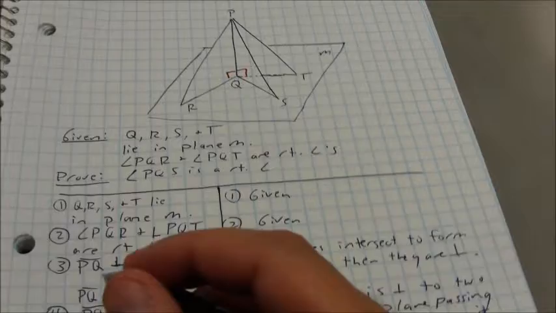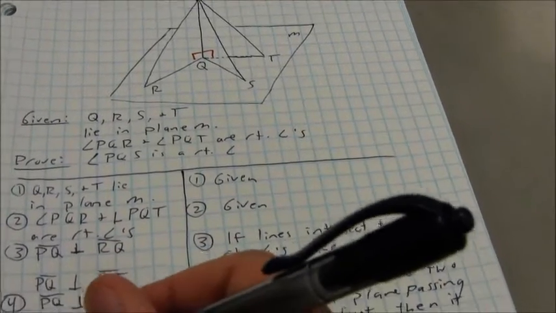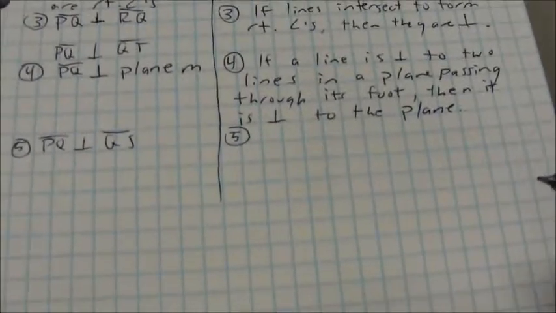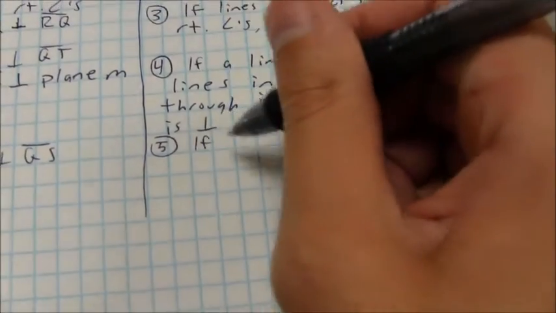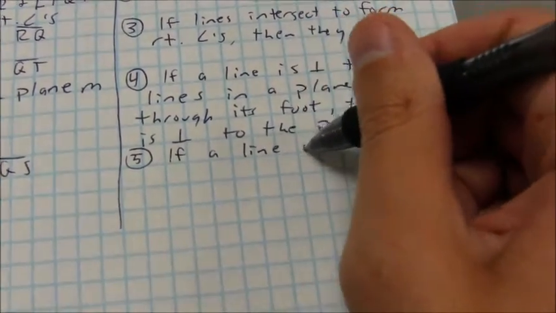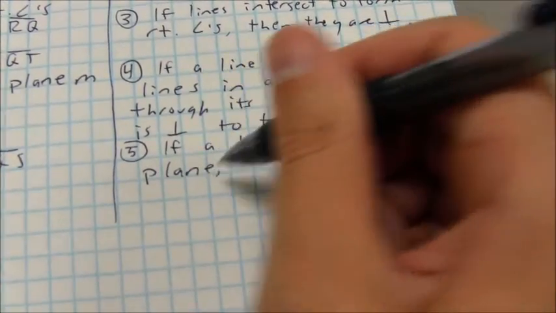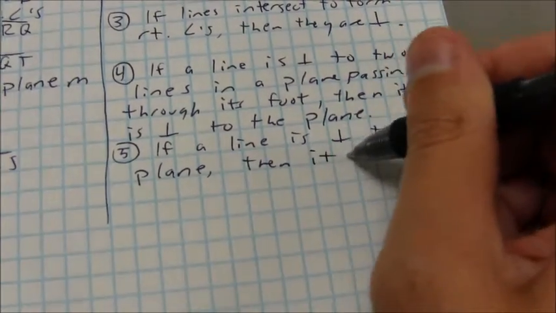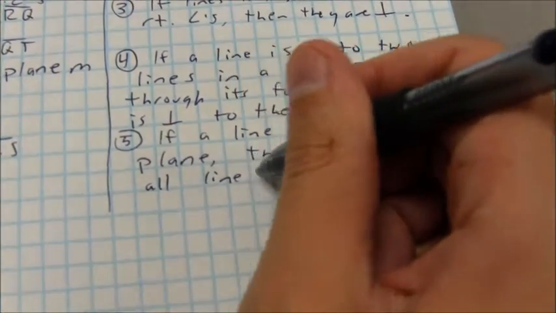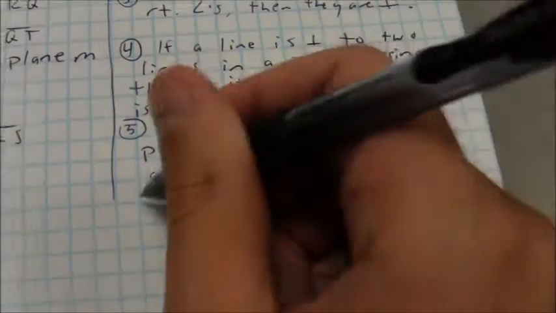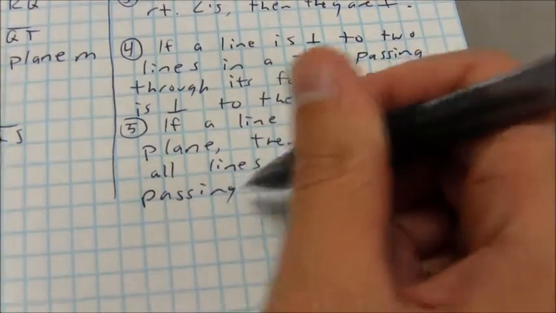I know as a result that PQ is perpendicular to QS, and the reason being, if a line is perpendicular to a plane, then it is perpendicular to all lines in that plane passing through its foot.